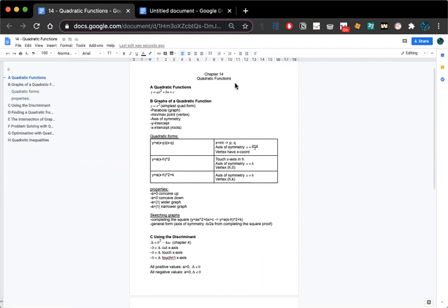So basically, as a reminder, the general form is ax squared plus bx plus c. And apparently, to find the axis of symmetry, you can use the formula minus b over 2a.